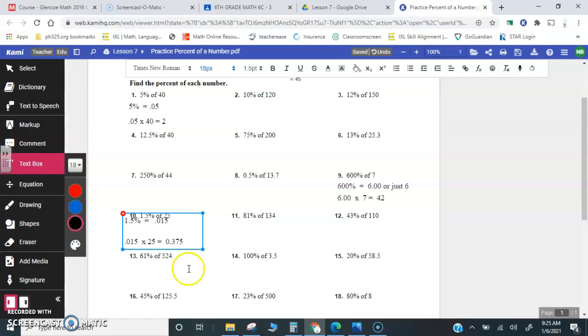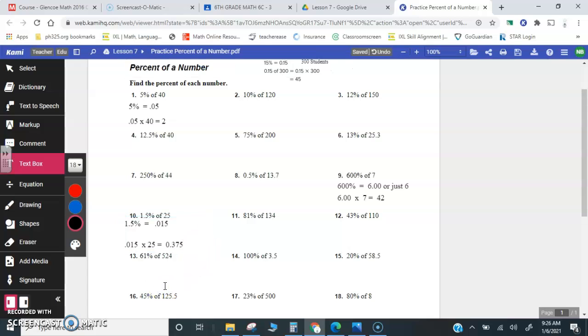Again, the tricky part about this, guys, is making sure that you move your decimal to the right location, okay? Remember, it's always 2 decimal places to the left when you're changing from a percent to a decimal.